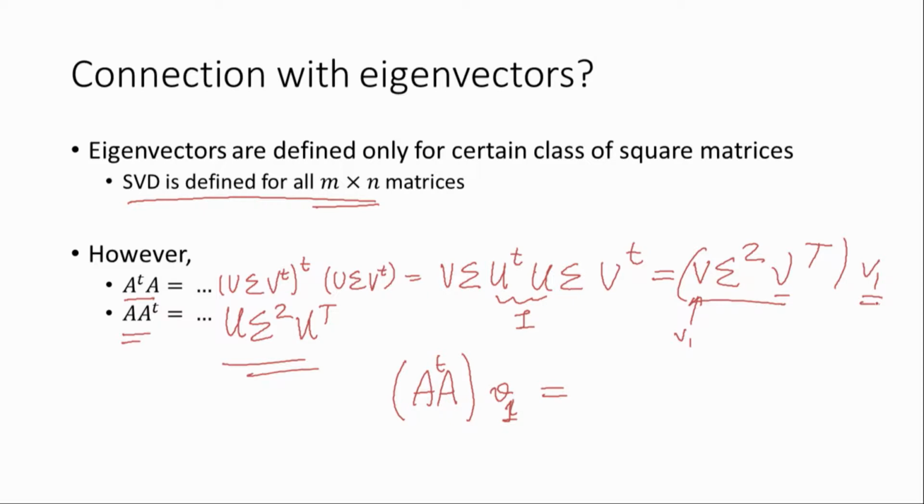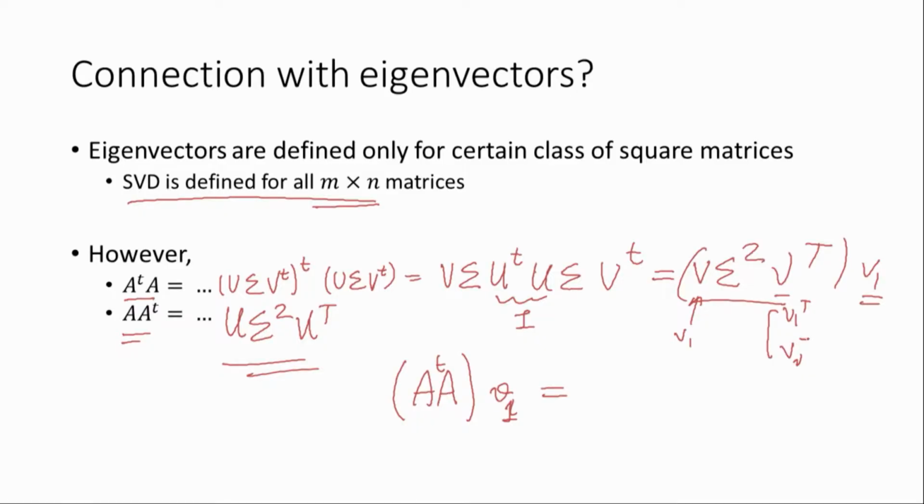V transpose times V1 is a vector, and what is that vector? V transpose has rows V1 transpose through Vr transpose. V1 transpose V1 is 1, and V1 transpose any other Vi is 0. So this gives you 1, 0, 0, 0, 0, 0.